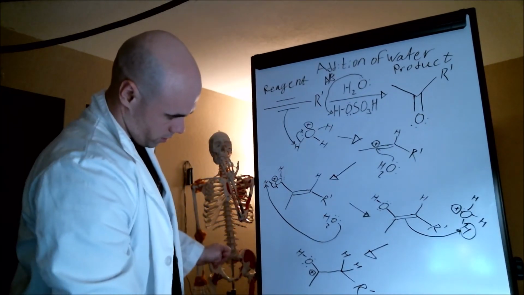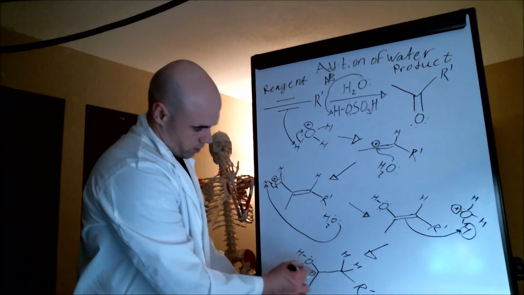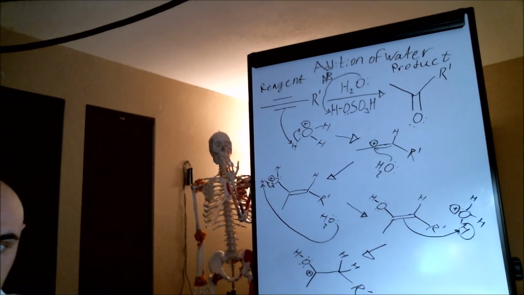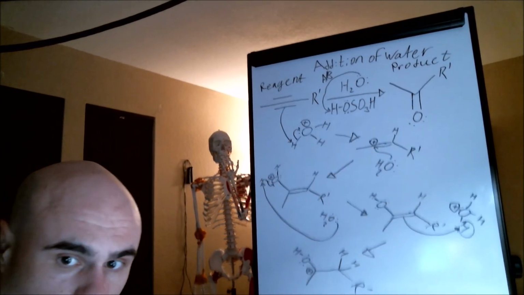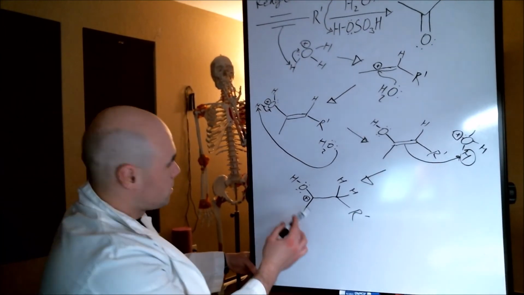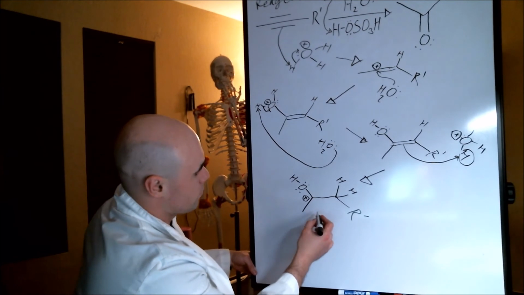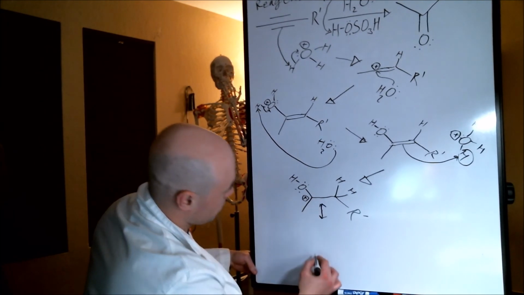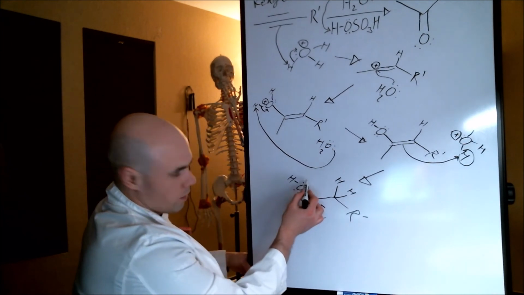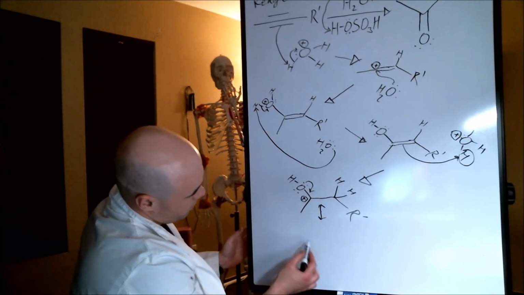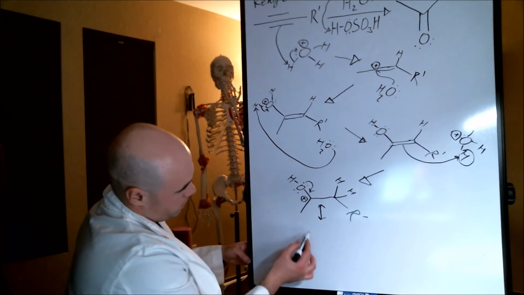Okay, so let's make sure we see here, actually, this is a resonance stabilized carbocation, and its resonance structure is, we could have these electrons go onto the bond here to stabilize that positive charge.